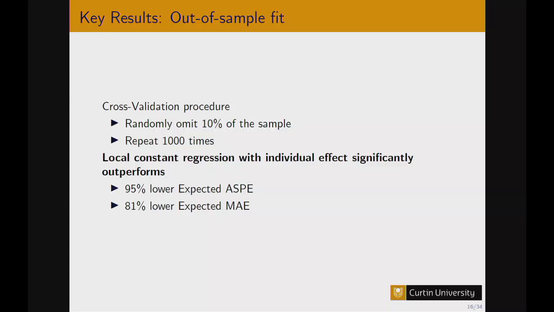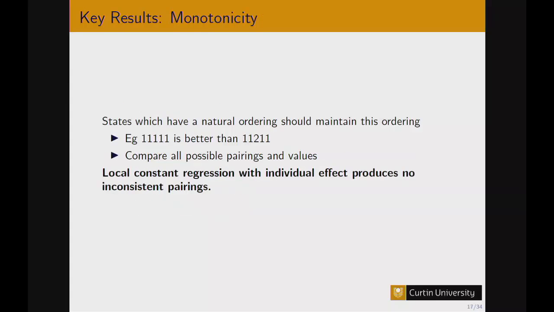So for every sample, I calculate that average squared prediction error and then take the mean across all of those 1,000 replications. The same for the expected mean absolute error, 81% lower. So, like, stunning. The next question you might have is, well, what did you do wrong, right? So if the results are this different, what happened? It's probably the knee-jerk response here.